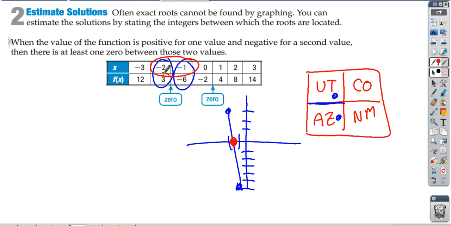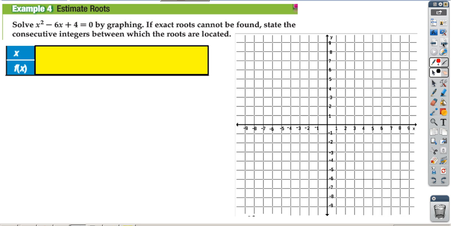Because right here I crossed from a positive number to a negative number, therefore I must have crossed 0. I know there's a 0 between -2 and -1. I also know that, since y is interchangeable with f of x, I must also have a 0 somewhere between 0 and 1. So that is how we can narrow down the possibilities.